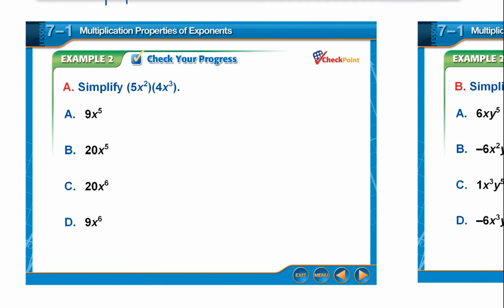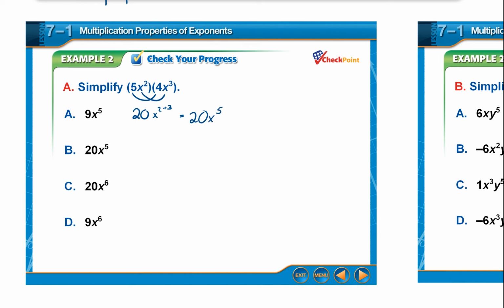Simplify. 5x squared times 4x cubed. So this is multiplication, so let's not forget what we know about normal multiplication, and that is we can go 5 times 4 gives us 20, and then x squared times x cubed would be x to the 2 plus 3, which is 20x to the 5th.